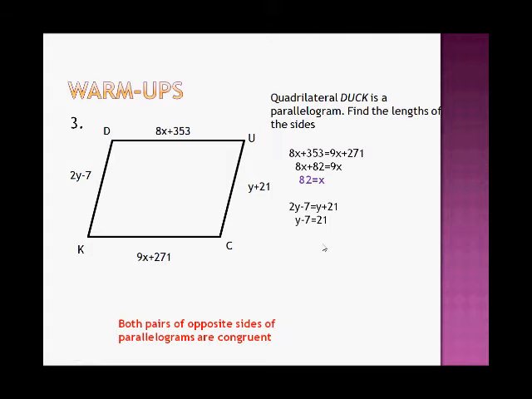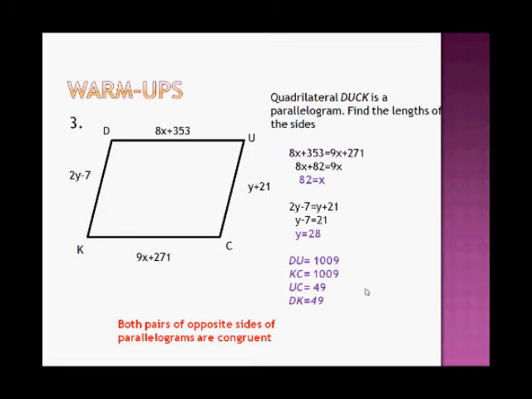And then you subtract y from both sides, and add 7 to both sides to get y equals 28. And then from there you plug all of the values back into the equation, so you get DU equals 1009, KC also equals 1009, UC equals 49, and DK equals 49.